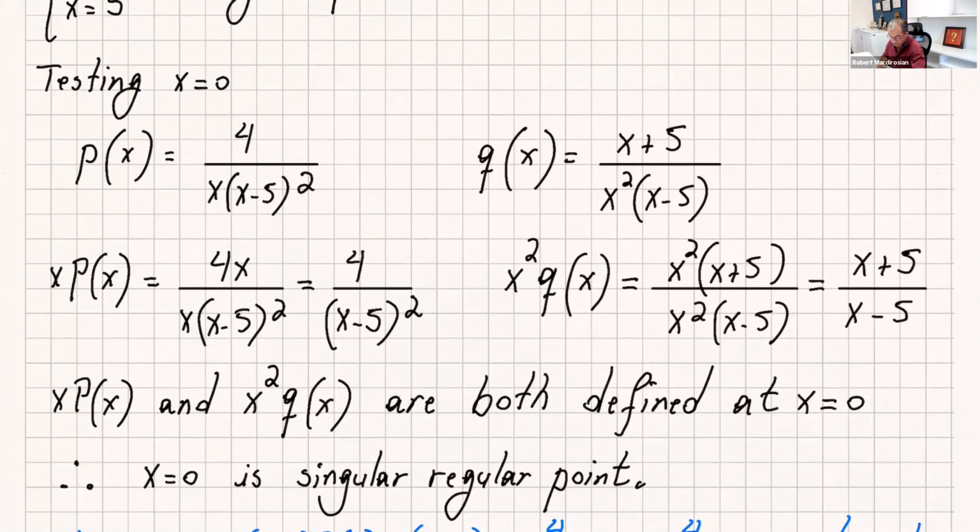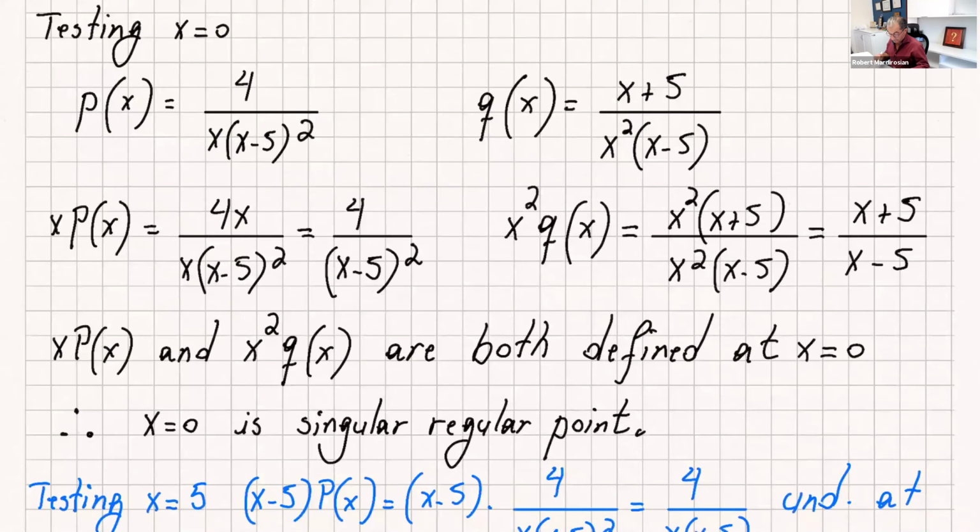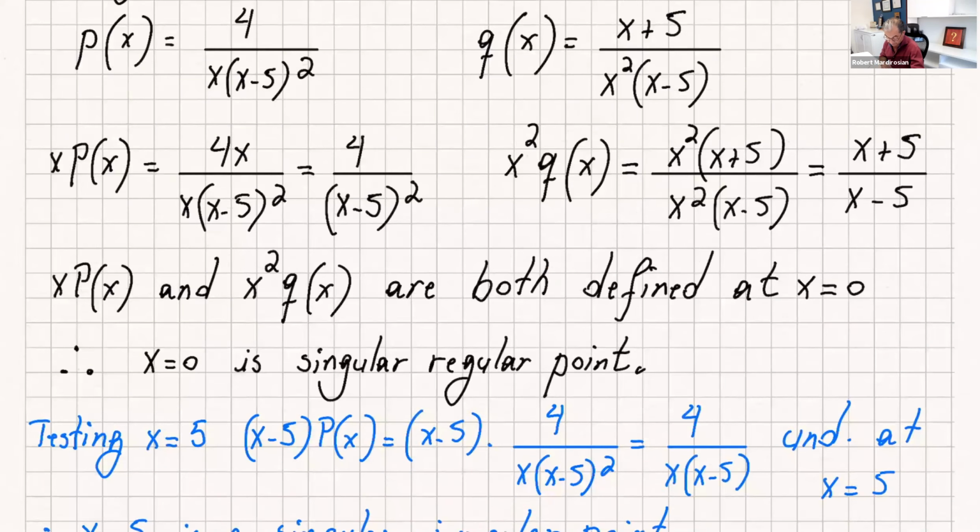Then x P of x becomes 4 over (x minus 5) squared, which is defined at x equals 0, and x squared Q of x becomes (x plus 5) over (x minus 5), which is also defined at x equals 0. So x P of x and x squared Q of x are both defined at x equals 0. Therefore, x equals 0 is a regular singular point.